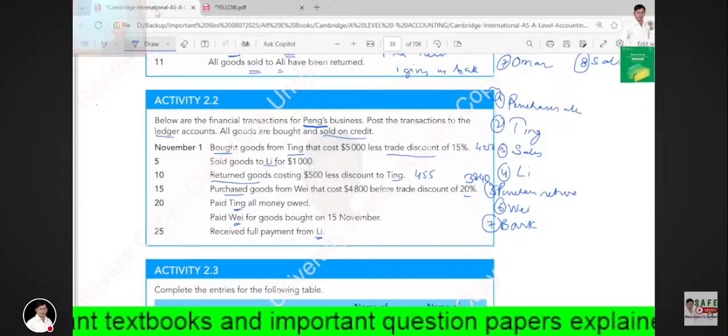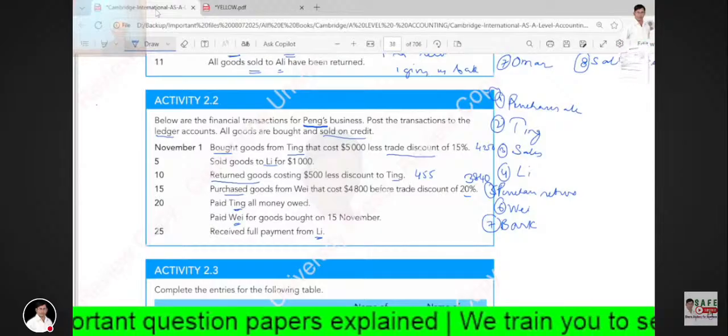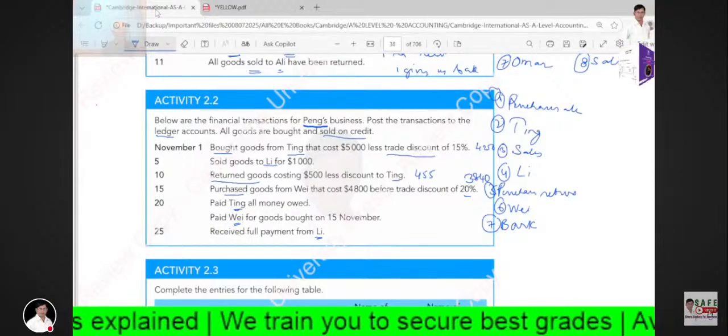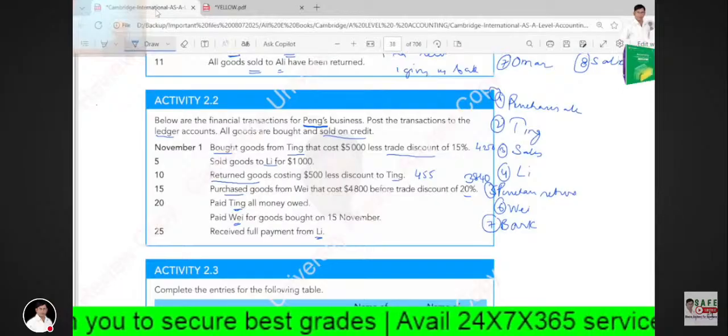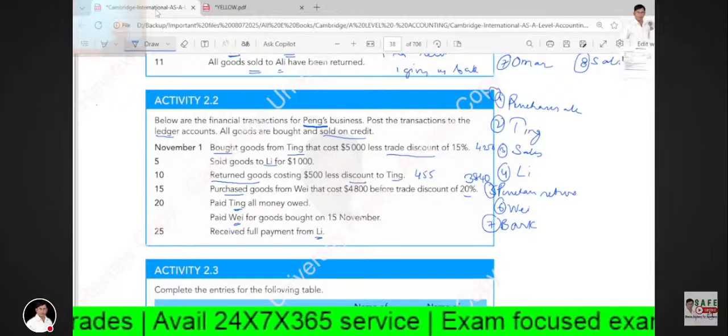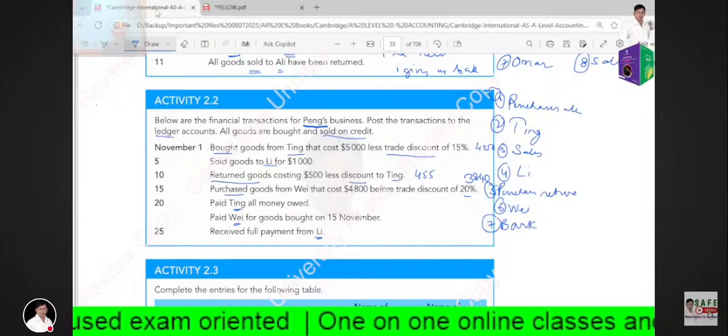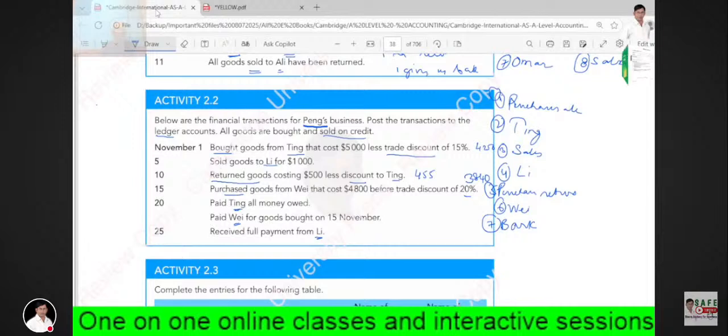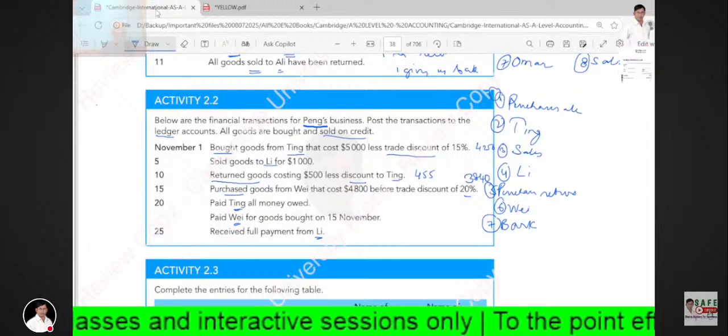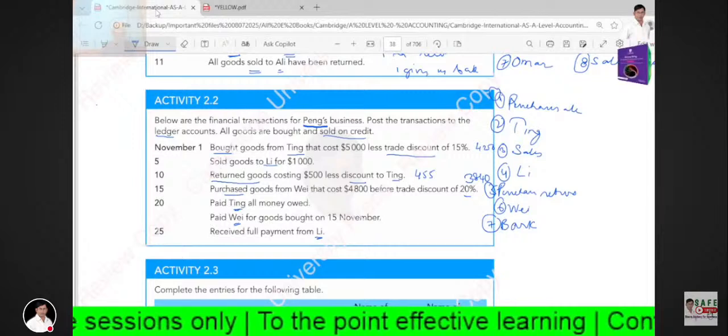Next. Return goods costing 500 less discount of 10. So we are returning the goods worth 500, but after discount it is 455. Return goods means these are purchase returns. Tinge account is already there.